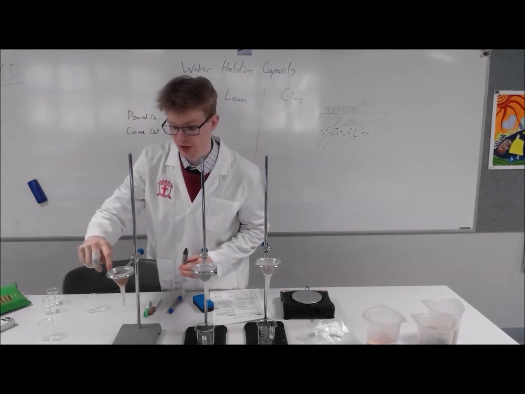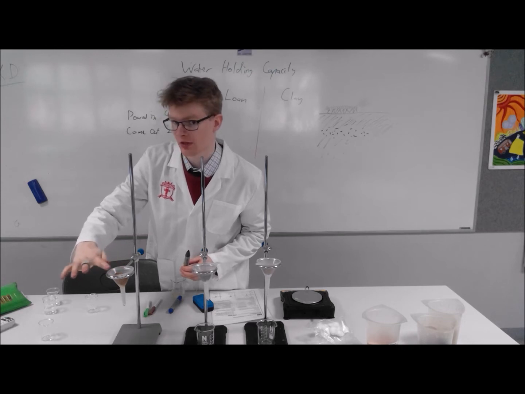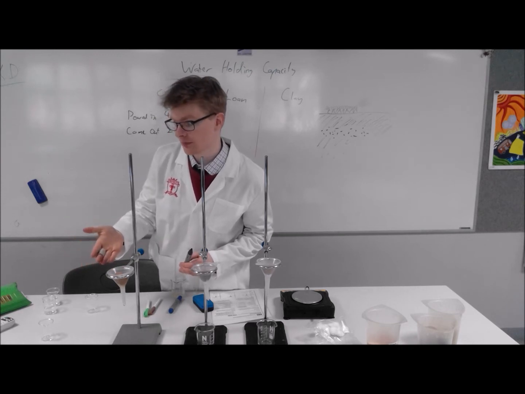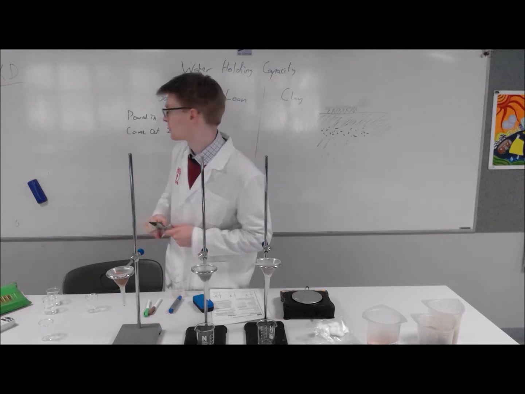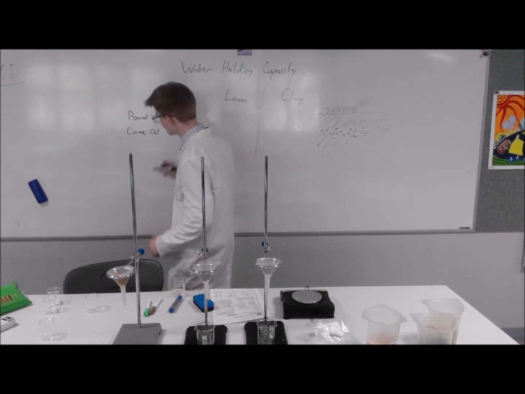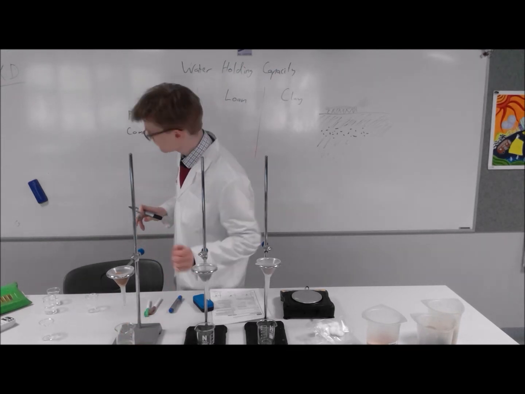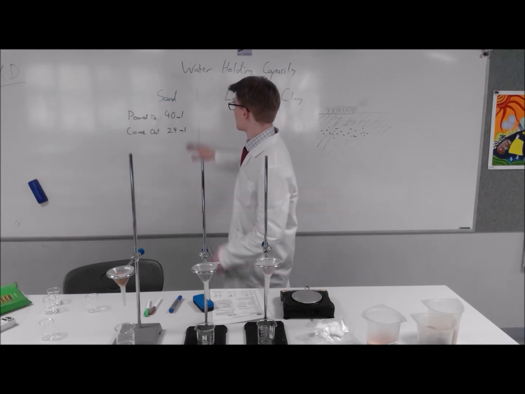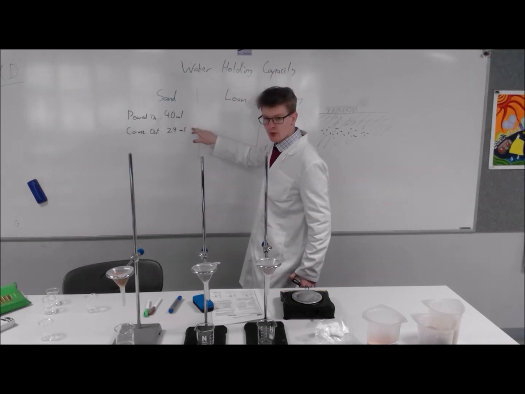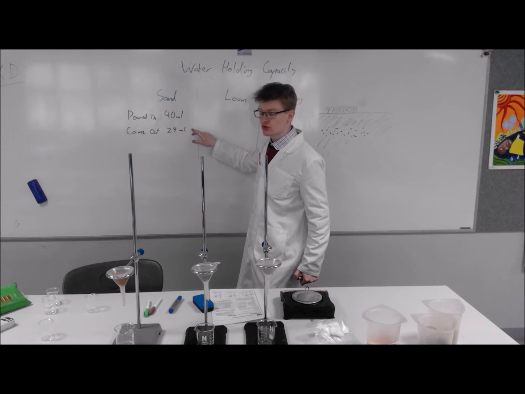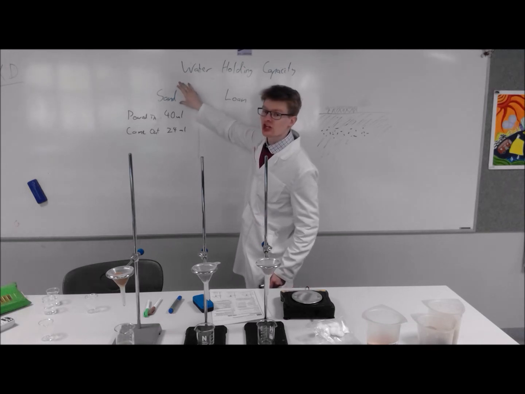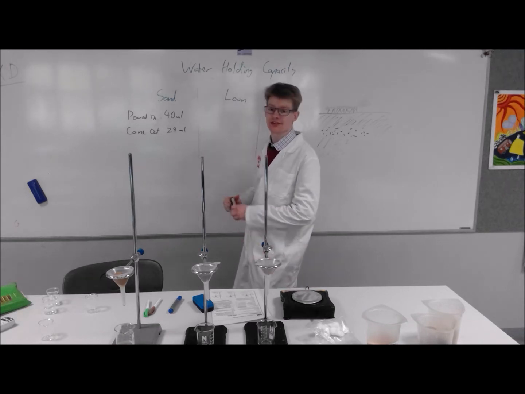I've also made sure that there's no water sitting on top here, because if there's water sitting on top, that's not water that's soaked in by the sand. So, 40 mils went in, 24 mils came out. I want you to work out how many mils the sand is holding.